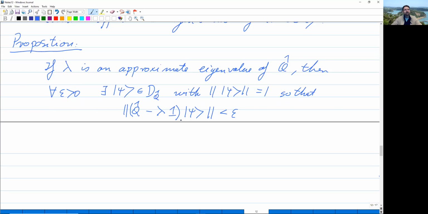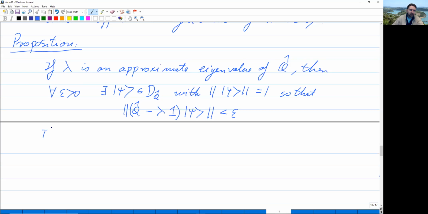It's basically the 0 vector, which would mean that we have an eigenvector to Q hat. So we can get arbitrarily close, and yet the eigenvector itself does not exist, right? But we can get arbitrarily close. That's very important. It means that yes, the eigenvectors are not in the Hilbert space, but you can write down Hilbert space vectors that get arbitrarily close to being eigenvectors.